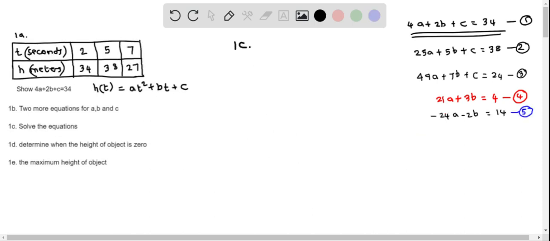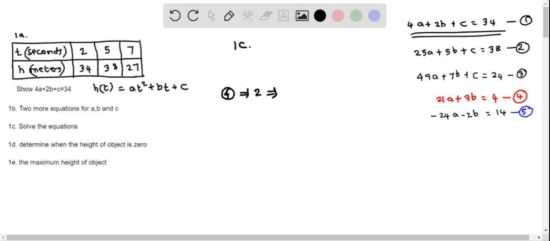Now we can see that from equations 4 and 5, the variable c is eliminated. So now we are going to eliminate the b variable from equation number 4 and 5. For that, the coefficient of b has to be the same in both equations. So I'm going to consider equation 4 and multiply by 2.